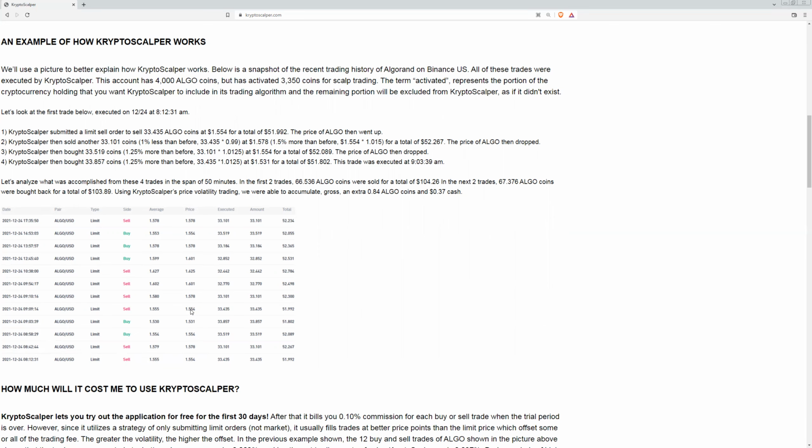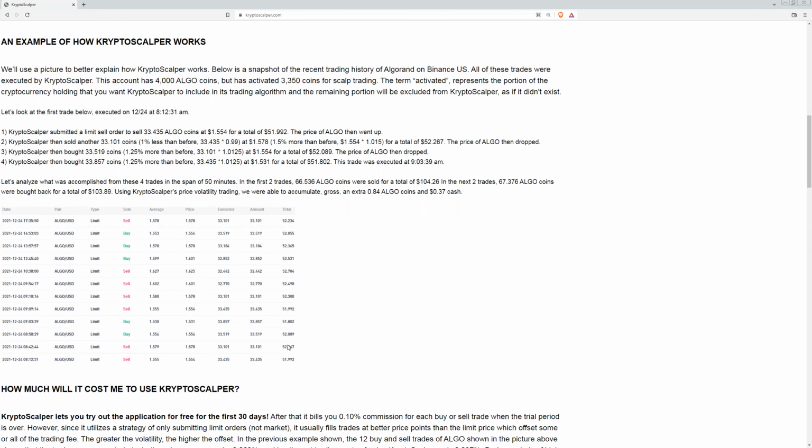And every time it went down, it would buy back a chunk. Just looking at a couple of the first trades, you can see that KryptoScalper at $1.578 sold 33.1 coins, but then when the price went down, it bought back 33.51 coins. So just in that small example, you can see the user gained an extra 0.41 Algorand coins.